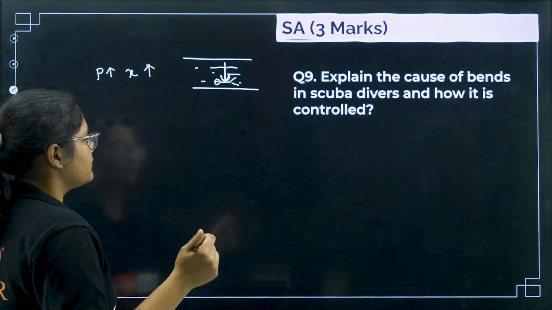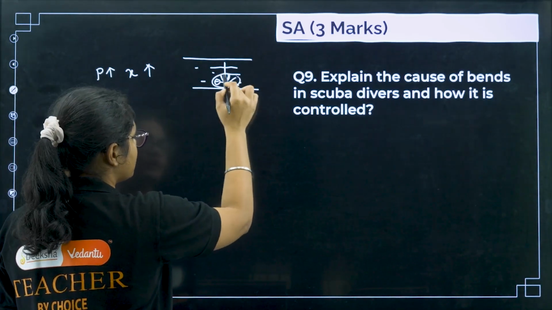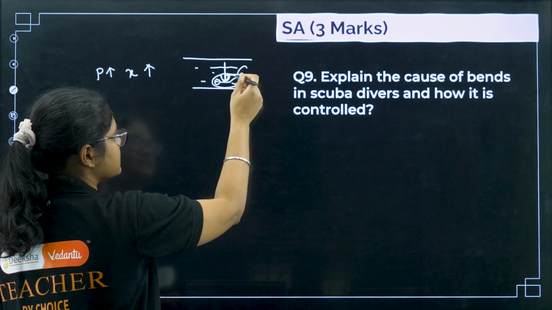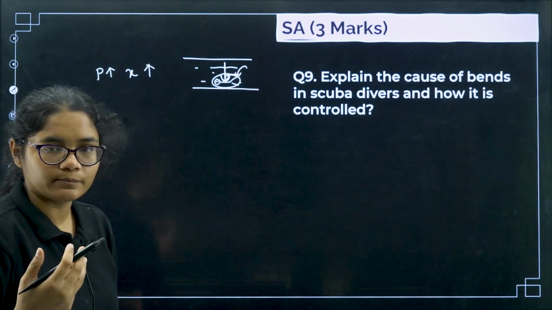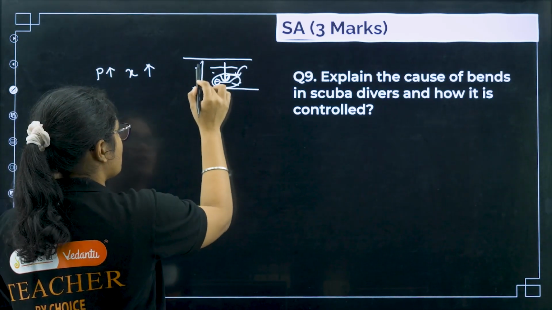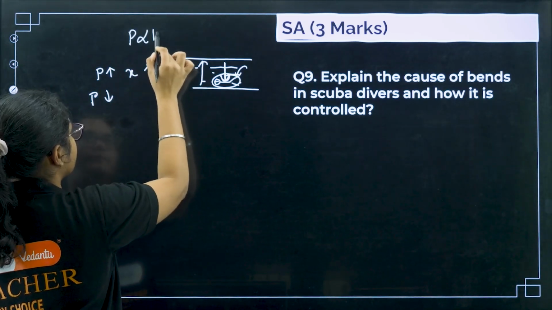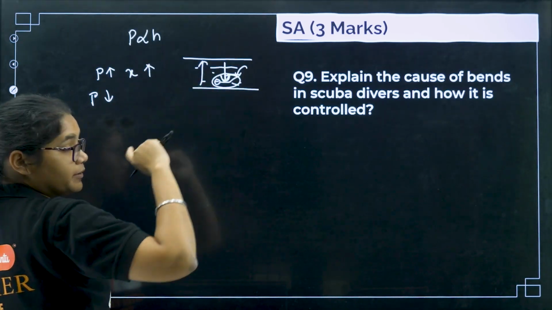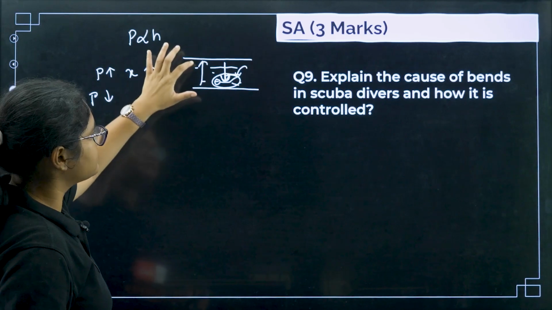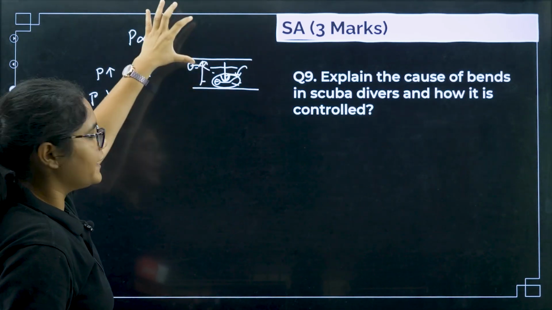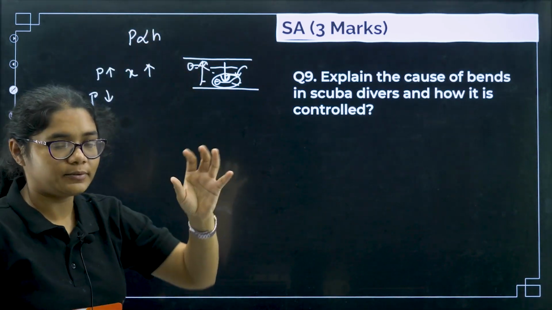So the amount of N2 dissolved in this person will be more. Now when the person comes up, pressure is proportional to depth. If the depth is more, pressure is more. Now here the height is less, pressure is less, so solubility will be less.